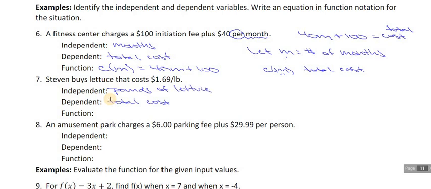So let's go over to the side just like we did before. If it's $1.69 per pound, it's going to be 1.69 times, I'll use X this time because I don't want to use L, because an L looks like a 1 or an I. We could use P, but I'll just use X. So 1.69 times X is going to equal our total cost.